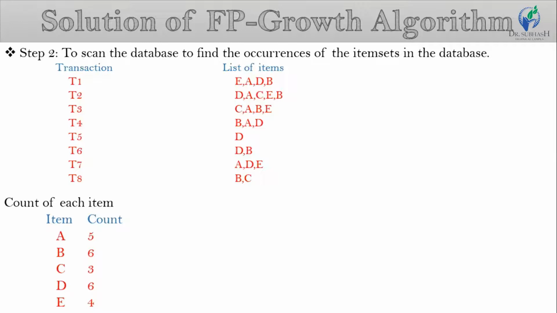Now, in the next step, we prioritize the items. Based on the original table, we found the individual items and their counts: A occurs 5 times, B occurs 6 times, C occurs 3 times, D occurs 6 times, and E occurs 4 times.